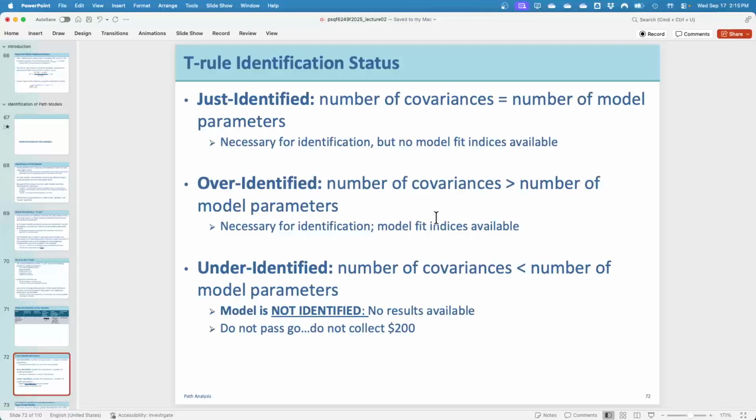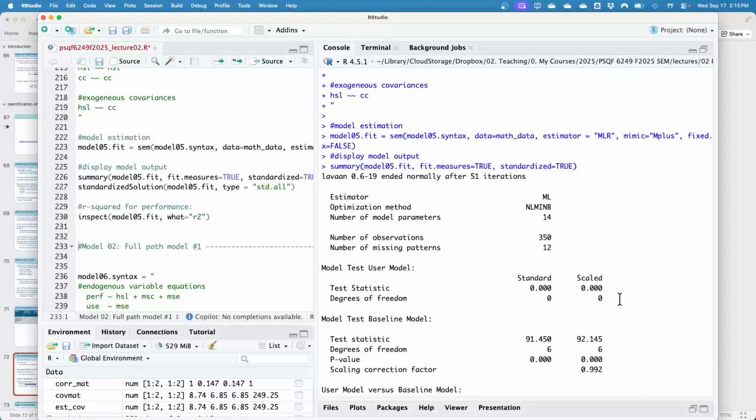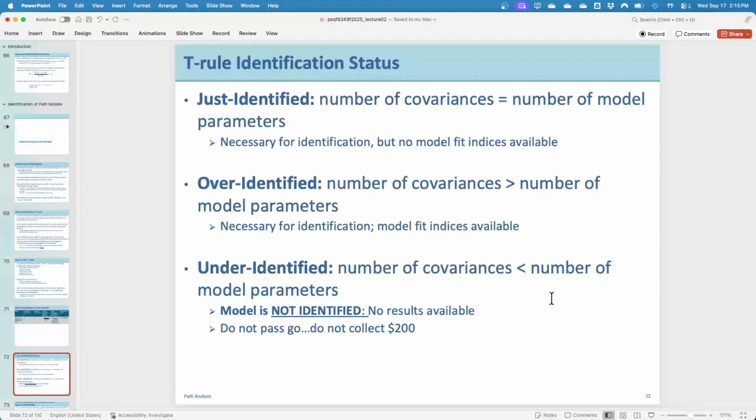If you look at your likelihood ratio test at the top of model fit, at the model test user model, if degrees of freedom is 0, it is just identified. Okay? If degrees of freedom are positive, it is over identified. Another way of putting it is the number of covariances in your saturated model exceeds the number of model parameters for those. And then finally, under identified is not the spot you want to be in.